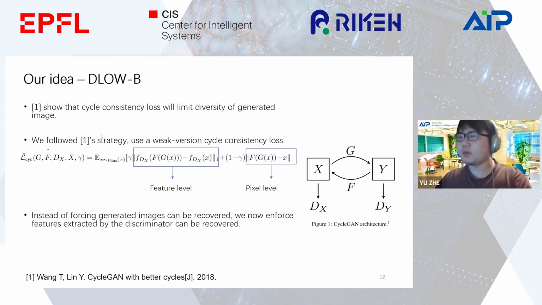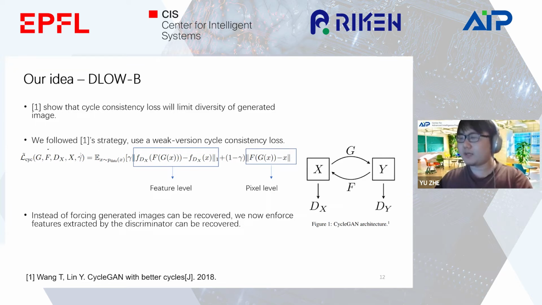Hence, we follow paper one's strategy and use a weak version of the cycle consistent loss to replace the original cycle consistent loss. The main idea of the new cycle consistent loss is that instead of forcing the generated images to be recoverable, we now enforce that the features extracted by the discriminators can be recovered.